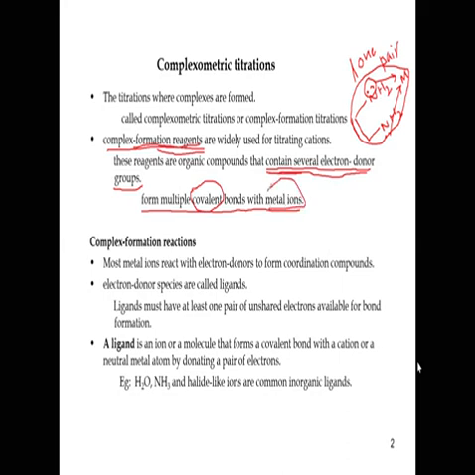What you get are the complexes, or they are also called coordination compounds. And particularly these electron donor species are called ligands.